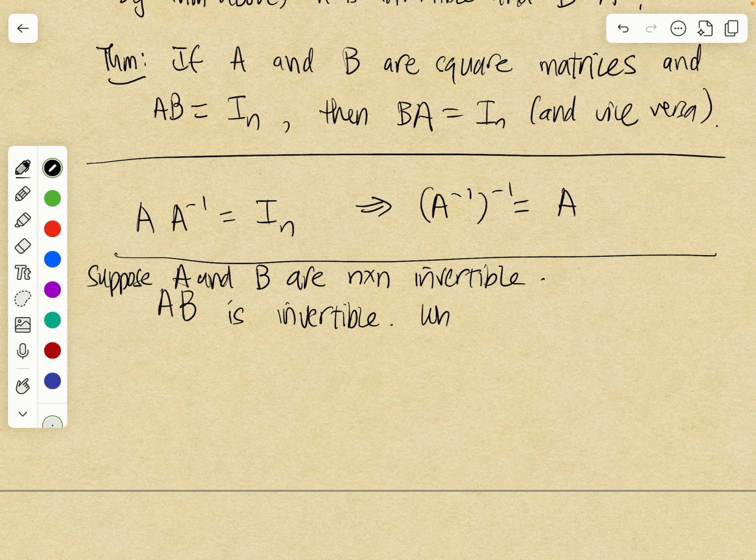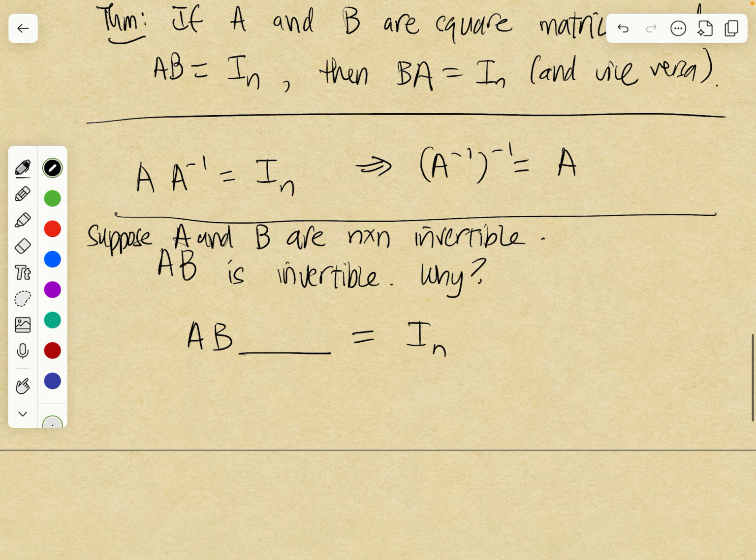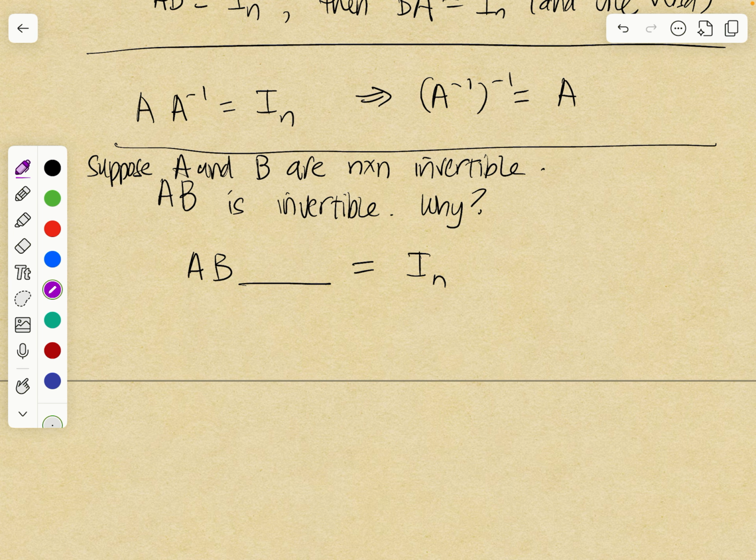Okay, why is this true? Can you come up with a matrix such that when you multiply, you'll get the identity matrix? It turns out that if you take B inverse times A inverse, this will work.